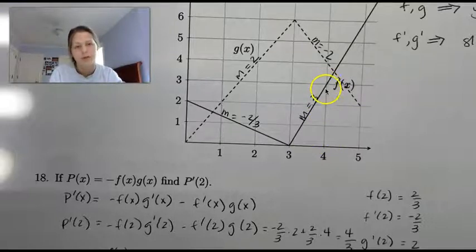F prime of 4 is also 3 since the slope of this line segment is 3. And then g prime of 3 actually does not exist because there is a sharp point right here. So where these two line segments connect, there's a sharp point, and we cannot find g prime of 3, therefore it does not exist here.